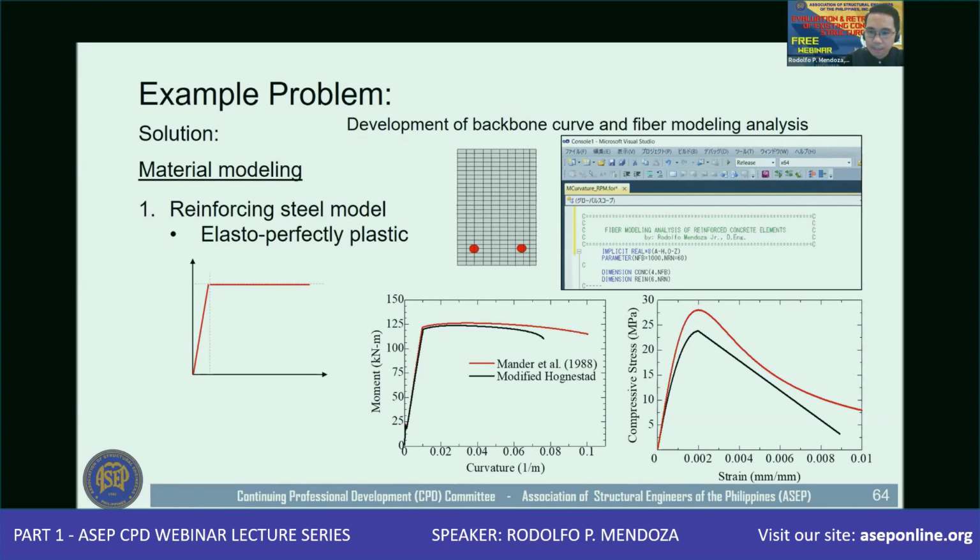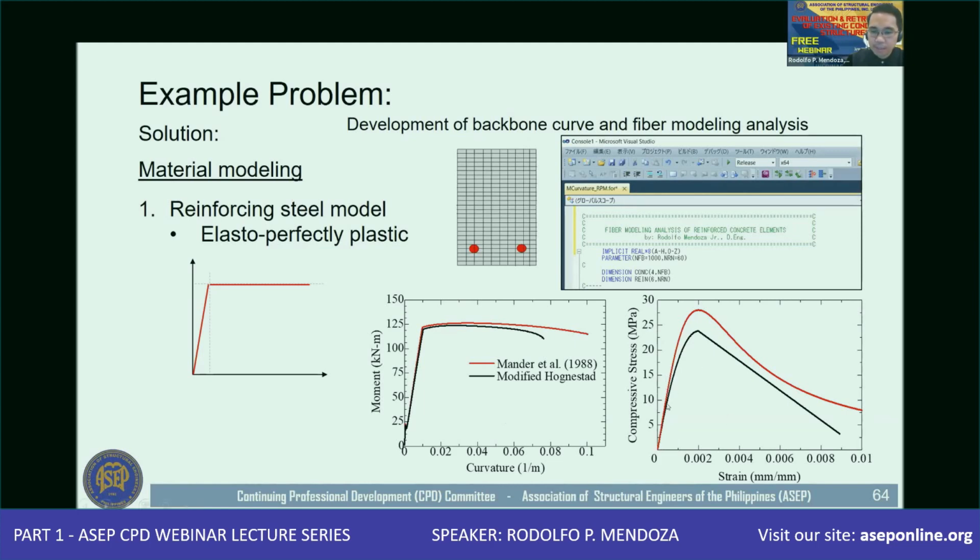Now, in conducting the fiber element modeling and analysis, if you compare the Mander et al. model with the modified Hognestad model, you will see here that selecting a concrete material model can have a huge impact in the nonlinear modeling of your beam.